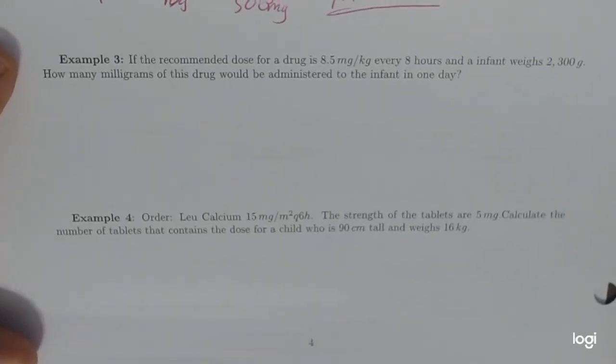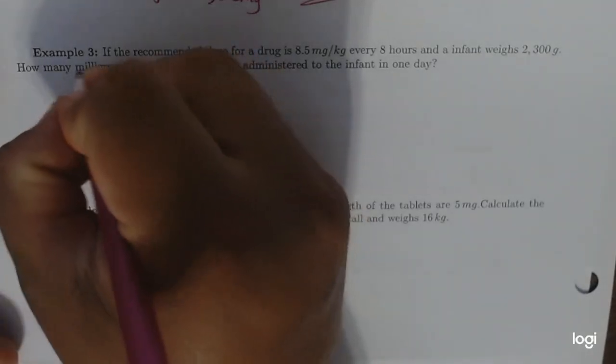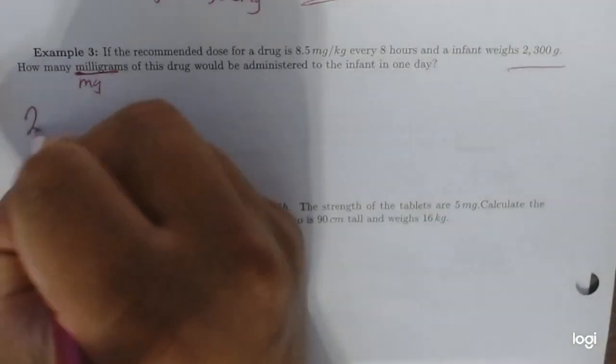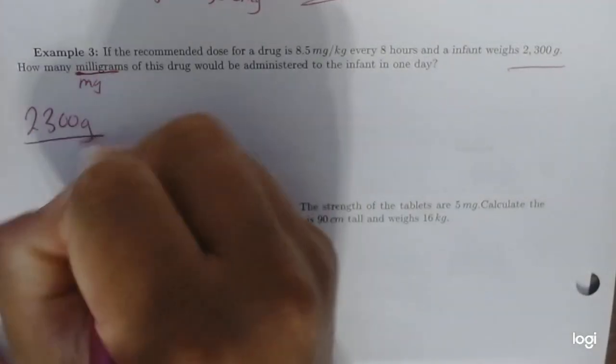If the recommended dosage for a drug is 8.5 milligrams per kilogram every 8 hours, and an infant weighs 2,300 grams, how many milligrams of this drug would be administered to the infant in 1 day? Okay, so we want milligrams. The only thing we know is the weight of the patient, the weight of this child.